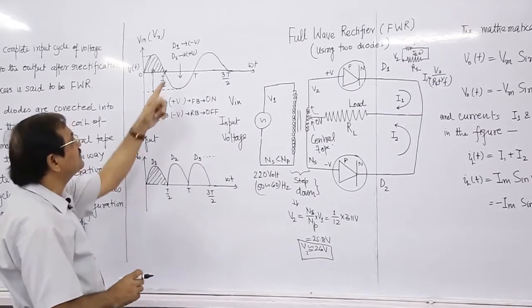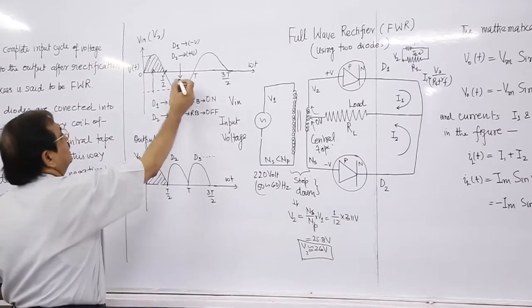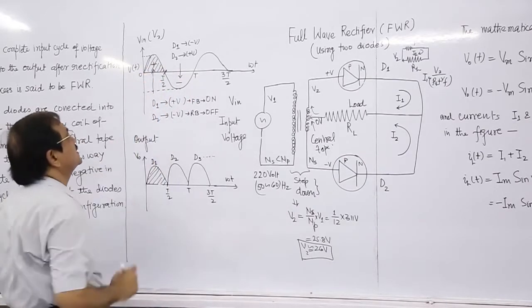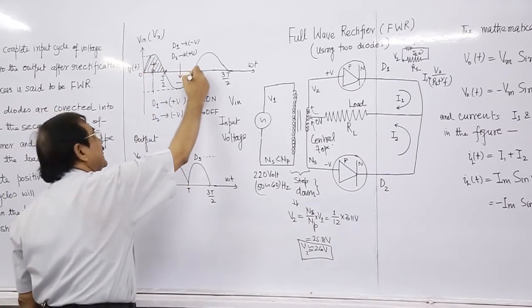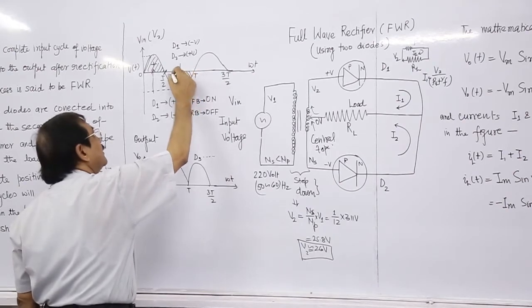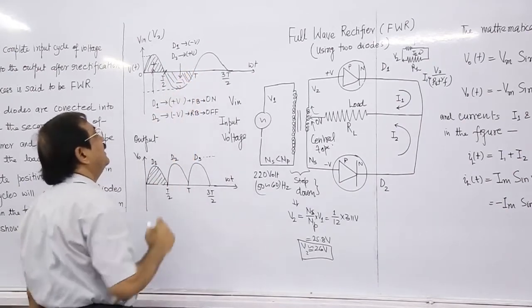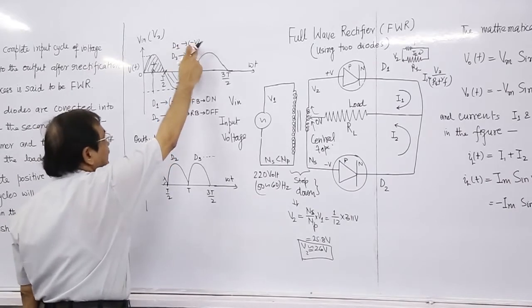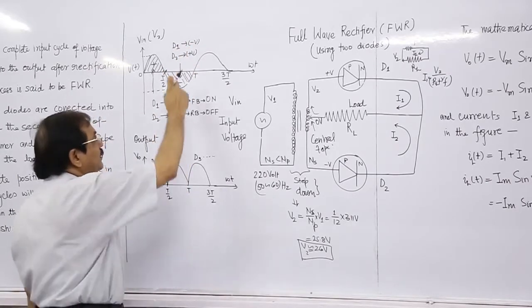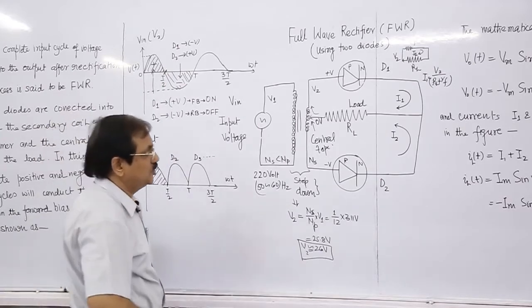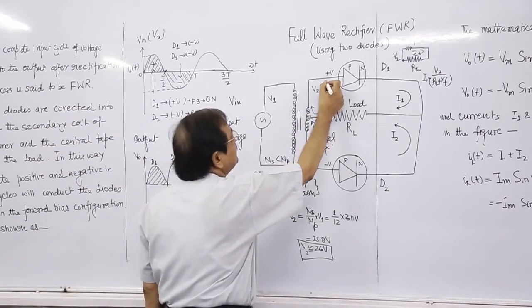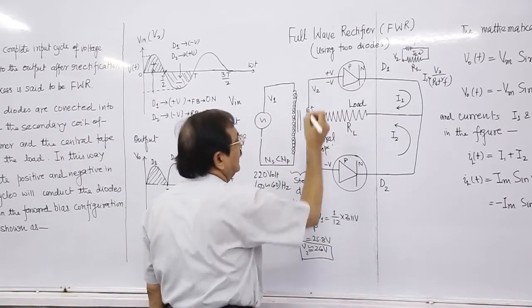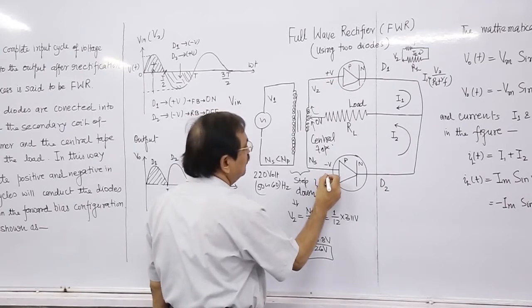In the negative half cycle, this part is negative and here it is positive. So, during this negative half cycle, what will happen? D1 is connected to minus volt and D2 is connected to plus potential, meaning this point is negative and this point is positive.